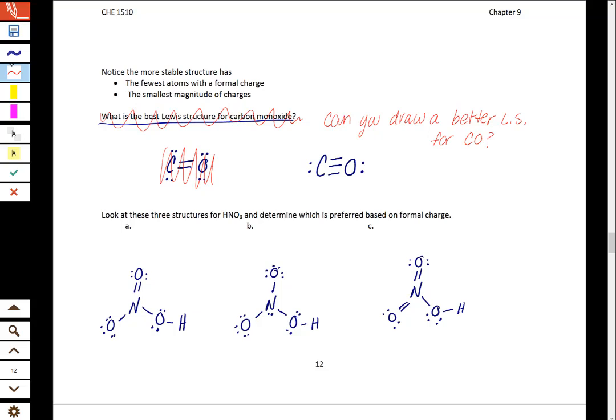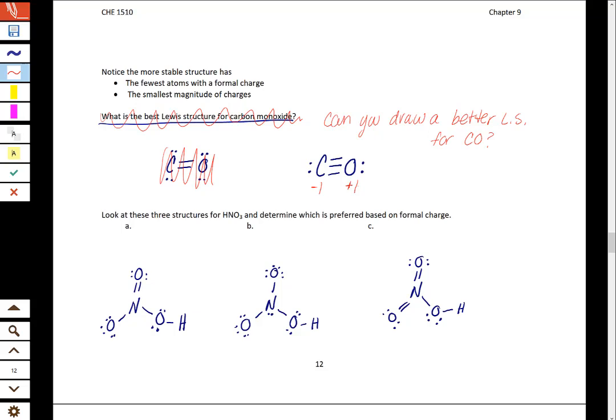And so what you will do is you'll look at this and you'll say, okay, this carbon has a -1 formal charge, and this oxygen has a +1 formal charge. And so you look at it and you say, well, but I just learned that having 0 formal charges is better, so I'm going to do some stuff.